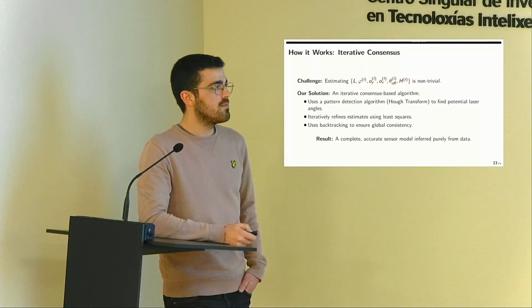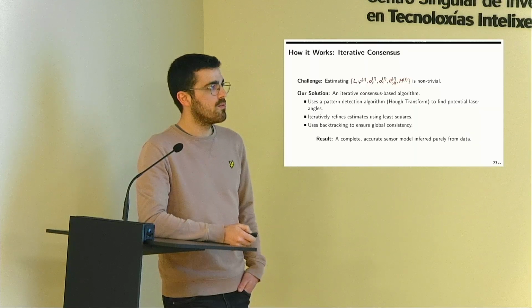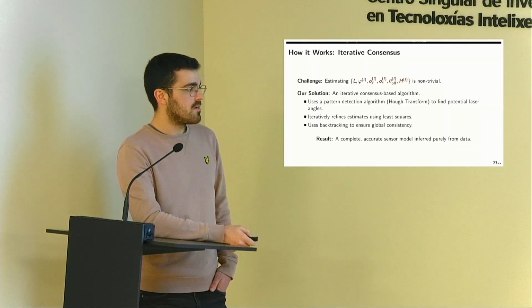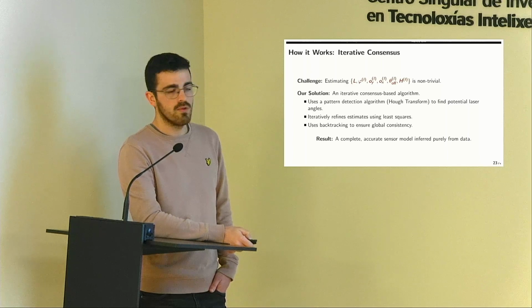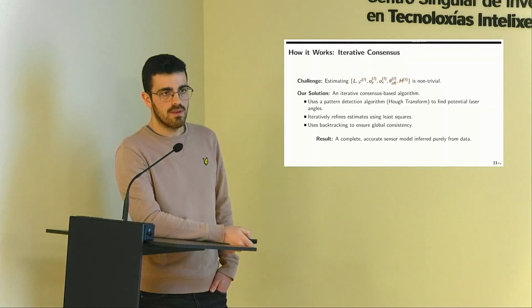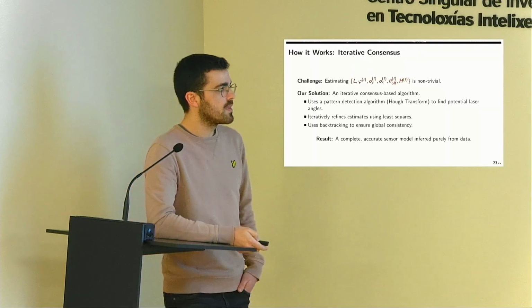In summary, we input the point cloud to this algorithm, and it outputs the values of these parameters. And so the result is a complete, accurate sensor model, inferred purely from the point cloud data, which is what we want. From the point cloud, we now have an inferred sensor topology.